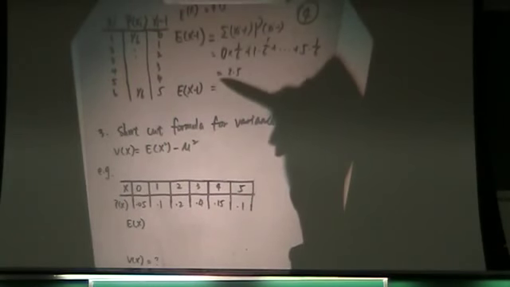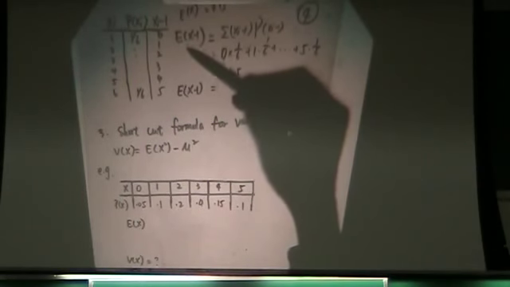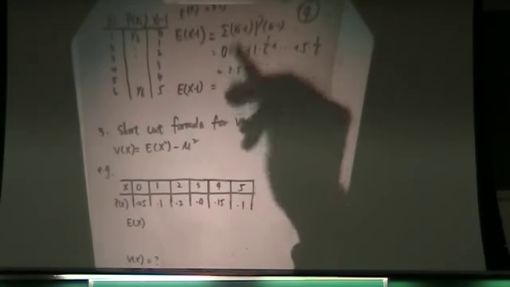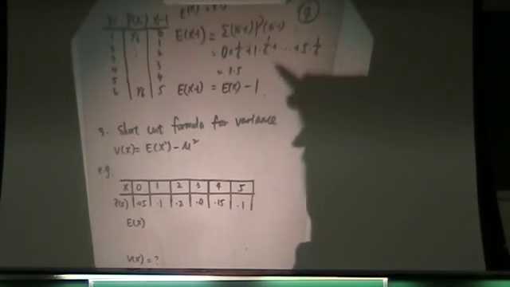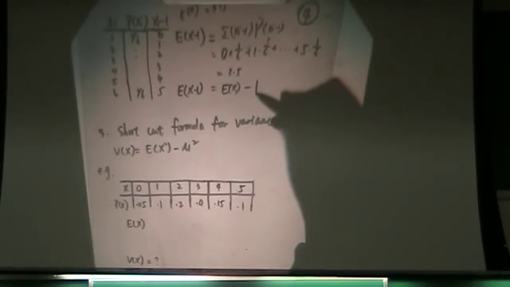So now we could see this. For the expected value of x minus 1, from looking at the number here, it is nothing but E(x) minus 1, right? This makes our life easier.